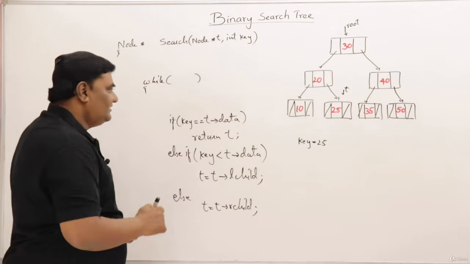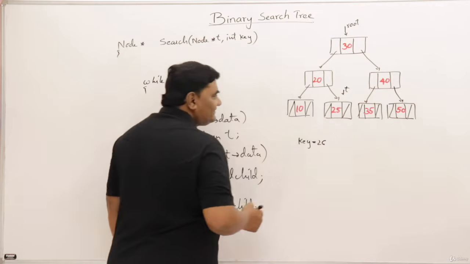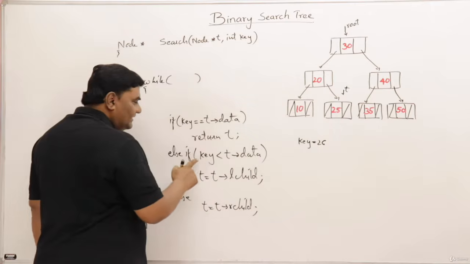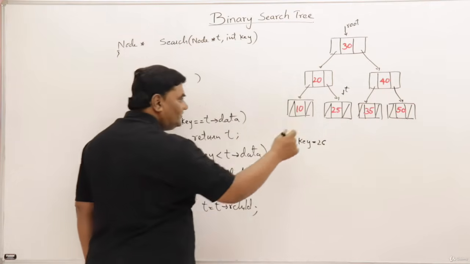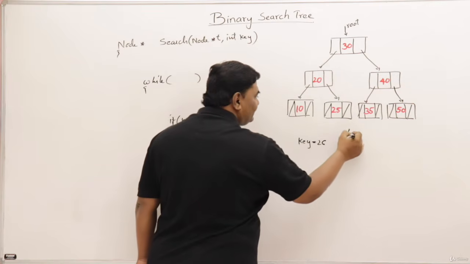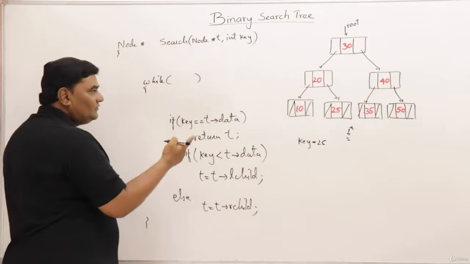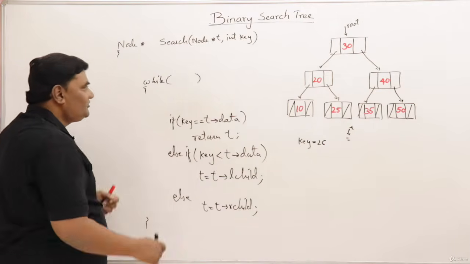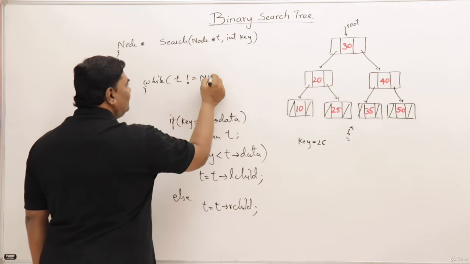So the key is found. Suppose this was not 25, this was 26. Then, is it matching with the data? No. Is the key less than this one? The key is not less, it's greater. So move to the right side. The right side is null, so t is null. No need to continue. T became null, so this repetition we should do as long as t is not null.